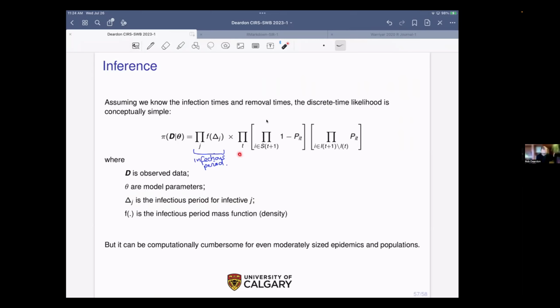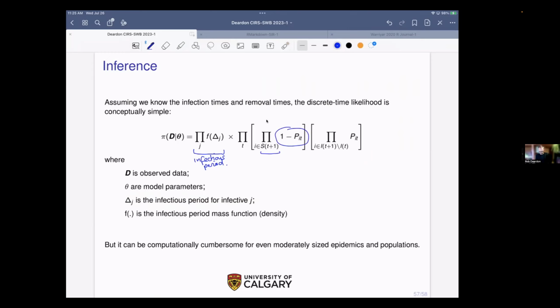And then over here, I've basically got the infections that are occurring. Right? And if you think what happens at any given time point, either you have an individual that was susceptible at time t, who remains susceptible at time t plus 1, and they're not infected with probability 1 minus P_it.